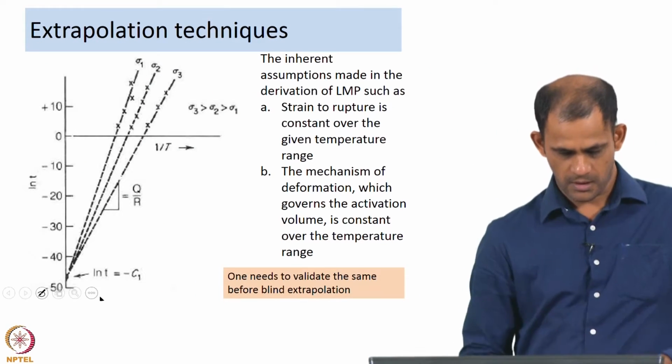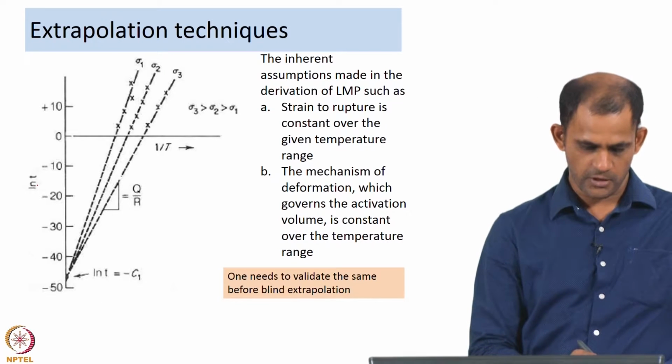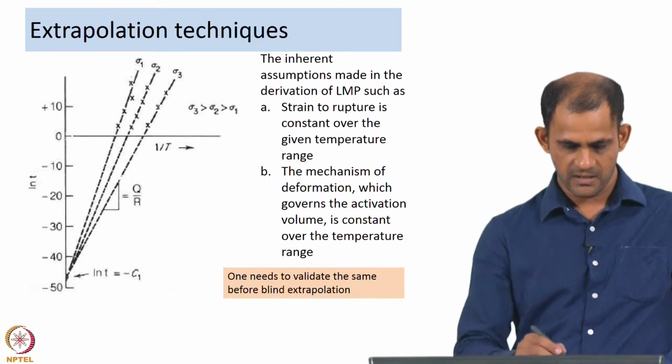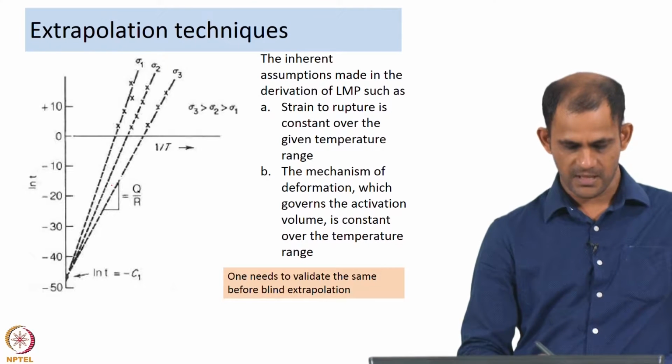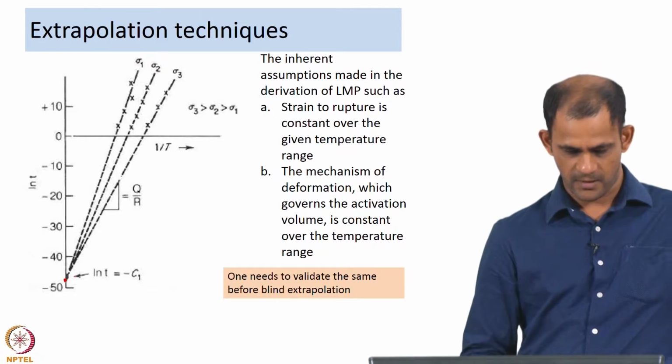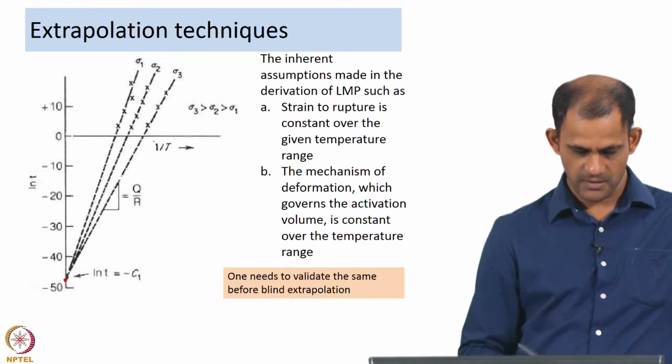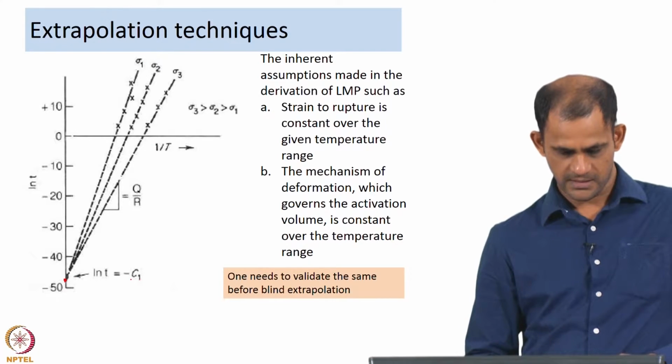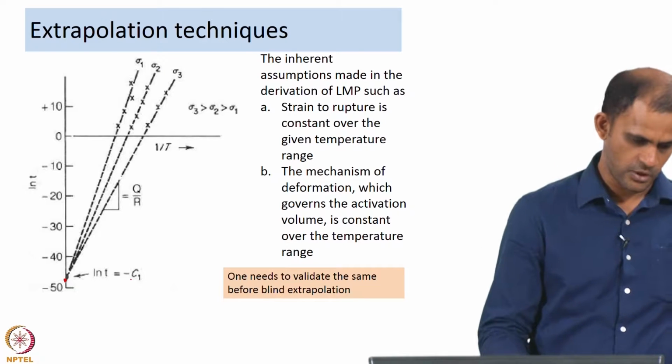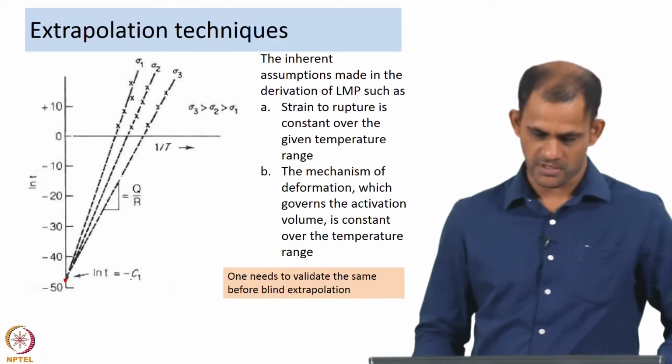People have noticed you can plot ln t r versus 1 over T for different values of sigma, and they all intersect the y axis at the same location, and this gives you the value of C, the constant in the Larsen-Miller parameter equation.